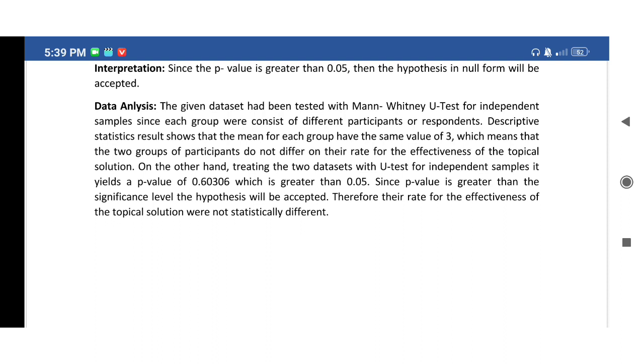On the other hand, treating the two datasets with the U-test for independent samples, it yields a p-value of 0.60306, which is greater than 0.05. Since the p-value is greater than the significance level, the null hypothesis will be accepted. Therefore, the rate for the effectiveness of the topical solution was not statistically different.